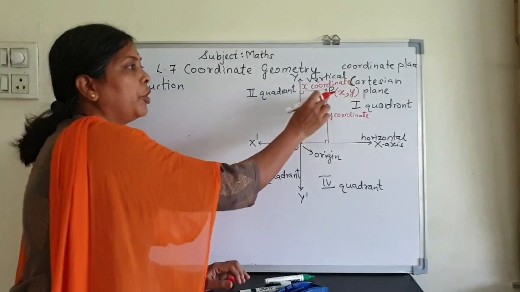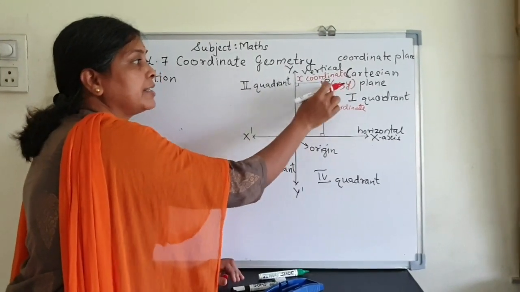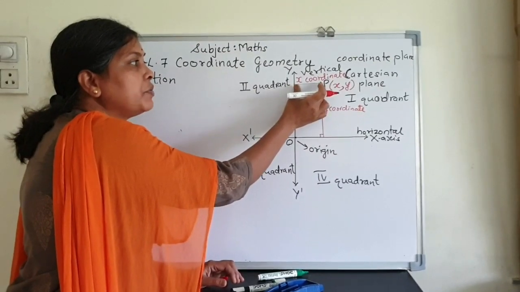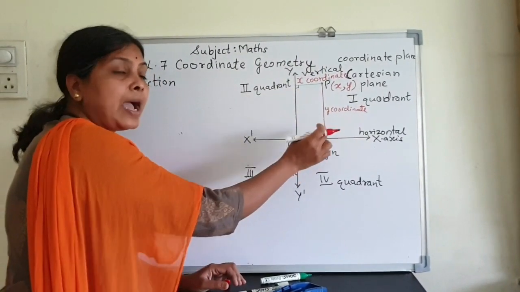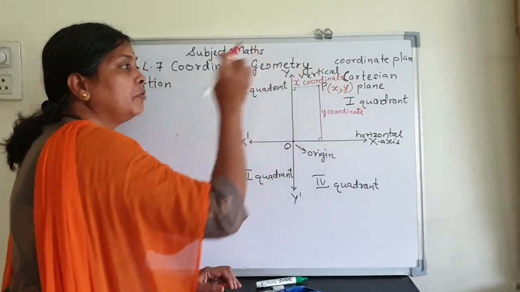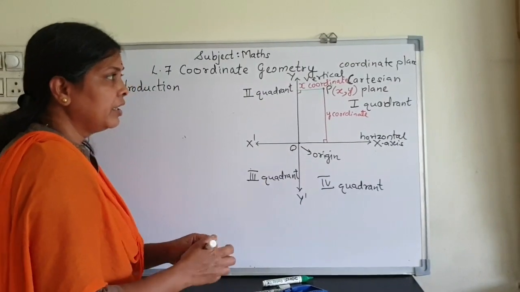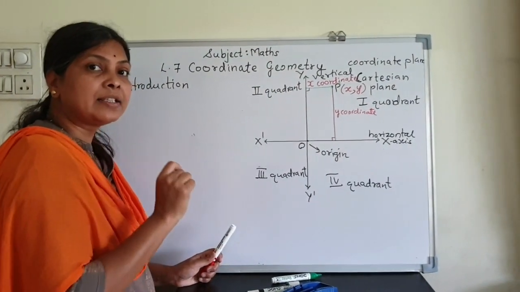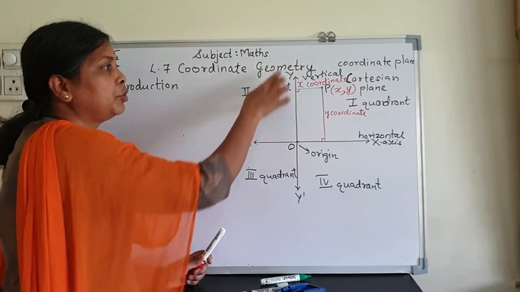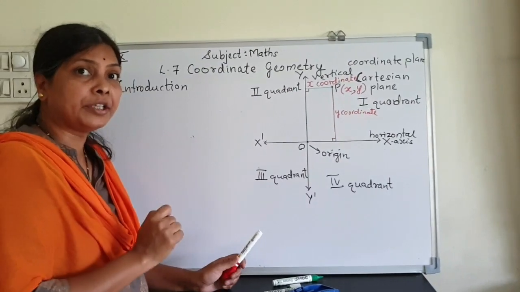So the coordinates of point P are written as x comma y. Always the horizontal distance, the x coordinate, is written first, and the vertical distance, the y coordinate, next. So this is how we get the coordinates of point P, and this is how we locate the point P related to the coordinate plane and the fixed point origin.